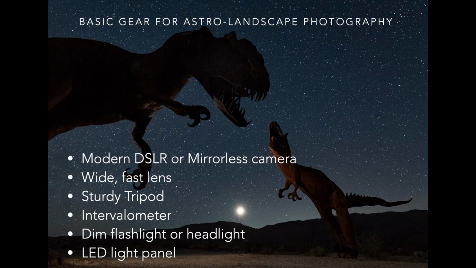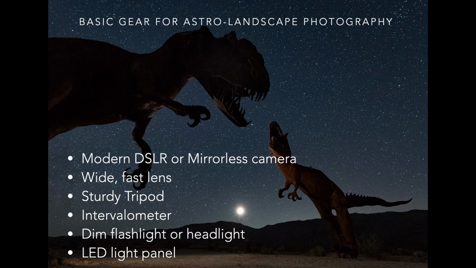The older DSLRs are not really up to the task of shooting in low light without an incredible amount of high ISO noise. So you want to use something relatively new. Anything made in the past 5-6 years, you should be fine.